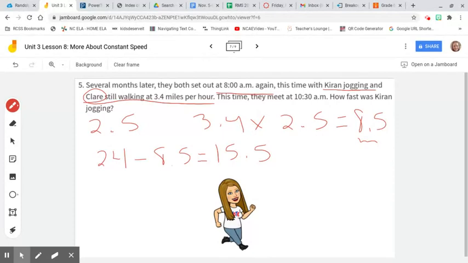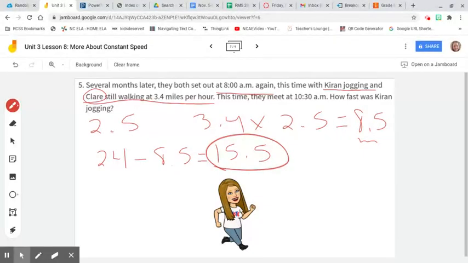This means that Kieran is jogging the remaining 15.5 miles in 2.5 hours. So 15.5 miles in 2.5 hours means that Kieran jogged 6.2 miles per hour. So how did I get that?